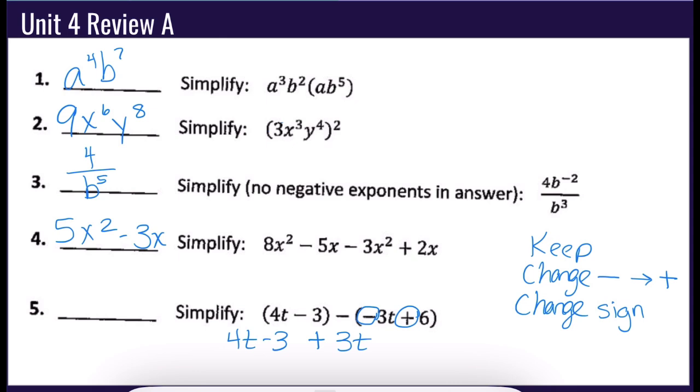And instead of a plus 6, now it's going to be a minus 6. And now we're just back to combining like terms. So if you need to group them together, go ahead. 4t plus 3t minus 3 minus 6. So 4t plus 3t is going to give us 7t minus 3 minus 6.